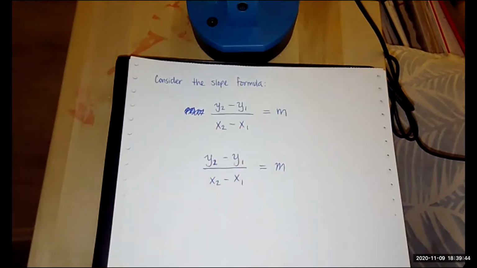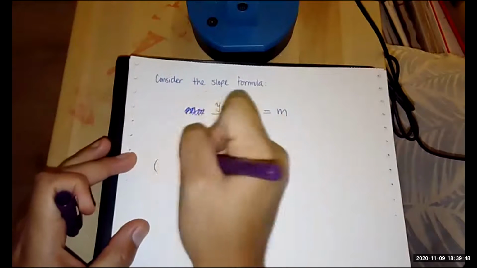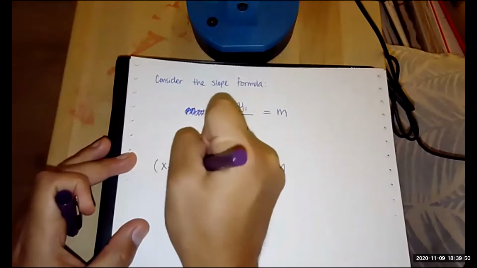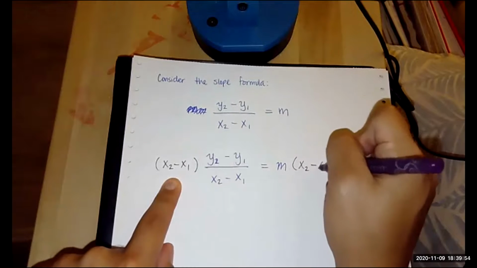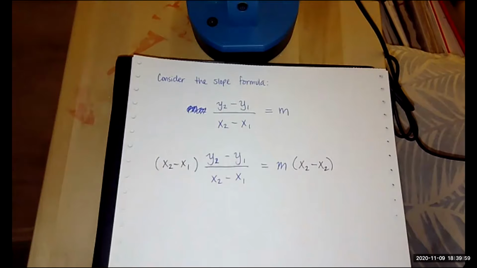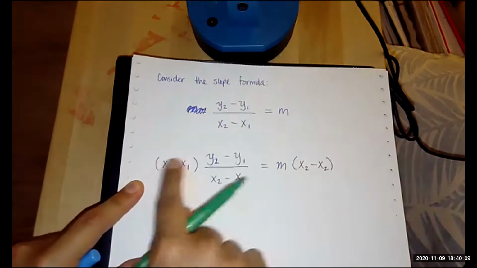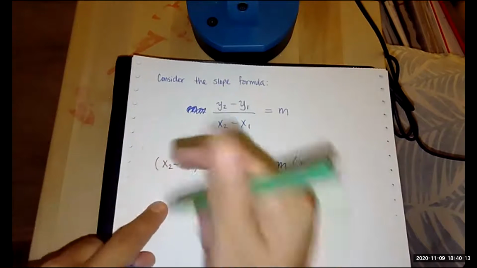So what you can say is if we multiply on both sides by x2 minus x1, I can do this because I've multiplied the same thing on both sides of the equation, and so the equation's still balanced. But the nice thing about that is that when you multiply by a number and when you divide by a number, these values will cancel out.